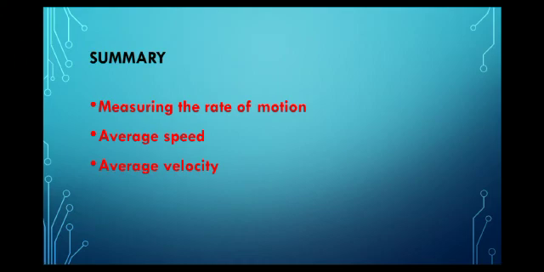Average speed of an object is obtained by dividing the total distance travelled by the total time taken. And the next one is average velocity. Average velocity is given by the arithmetic mean of initial velocity and final velocity for a given period of time. That is, average velocity is equal to initial velocity plus final velocity divided by 2.